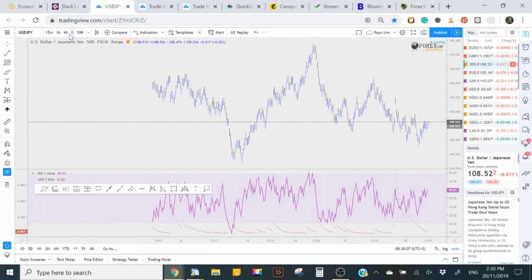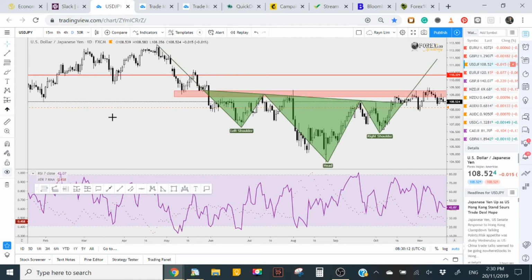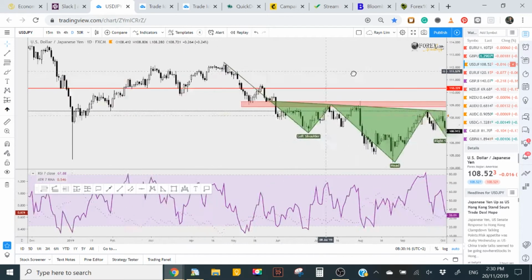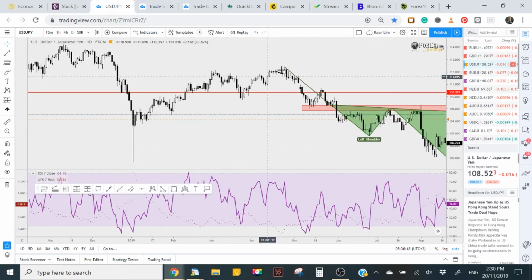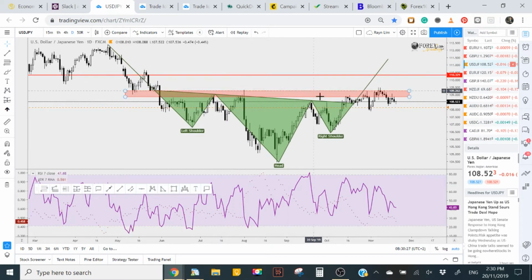So let me share with you why this currency pair right now is so confused. Let me share the daily chart. There is this inverted head and shoulder, because there's a kind of uptrend over here, although it's not, but it's upward movement before the head and shoulder. So it's an inverted head and shoulder. Over here, this head and shoulder has already formed up.